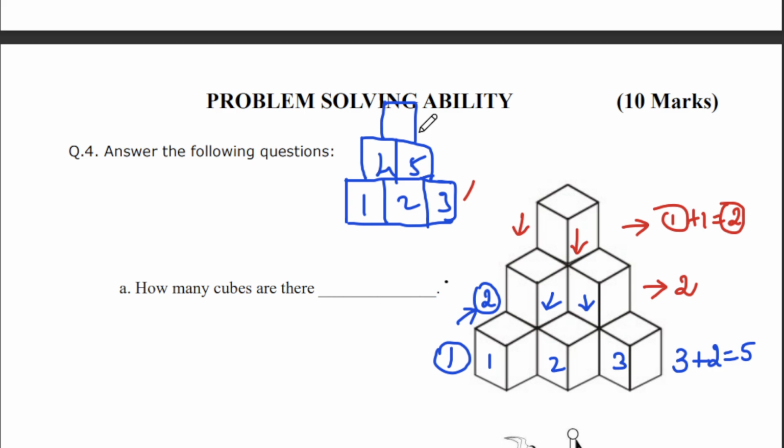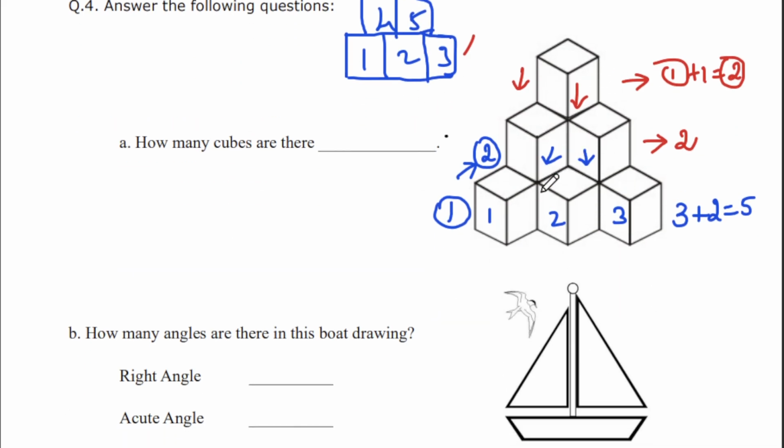But when you see it from this angle, it will look like this. So here we have 5 and on top we have 2. So 5 plus 2 is 7, and this one is 8, and at the bottom we have one more here in the middle. So 1 plus 1 is 2. So 5, 6, 7, 8, 9. So we have a total of 9 cubes.